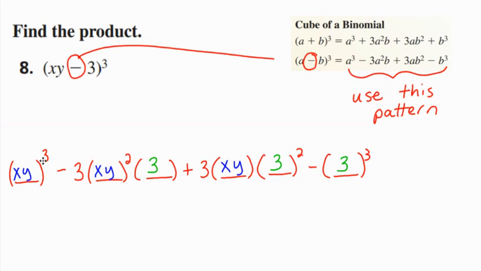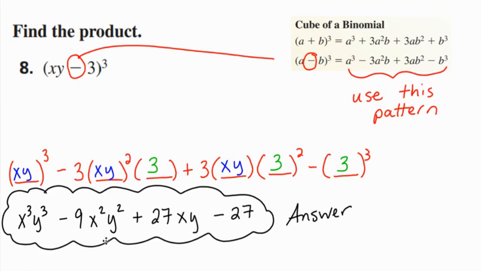So xy cubed means xy times xy times xy, right? So the x is being cubed and also the y is being cubed because that's in parentheses. And you go through and do all of that to the rest of it. We get our final solution, x cubed y cubed minus 9x squared y squared plus 27xy minus 27. And that is your final answer for this problem.